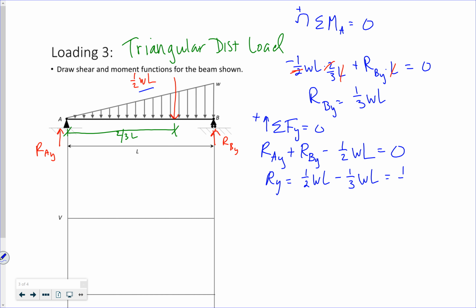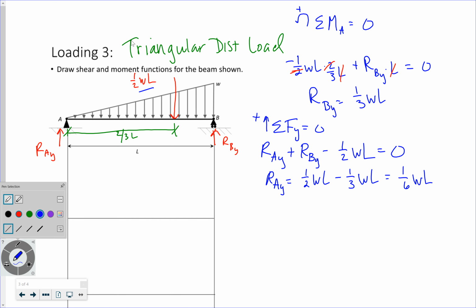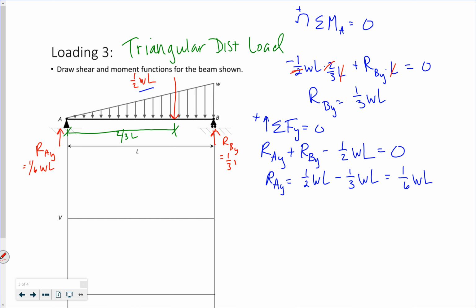Half minus a third is a sixth. So our reaction forces are 1/6 WL and 1/3 WL. That's just to find my reaction forces.